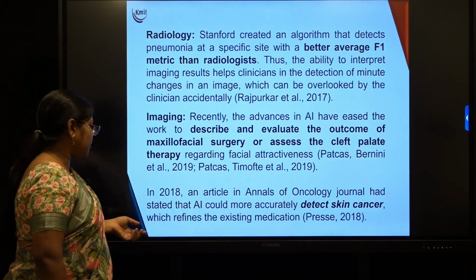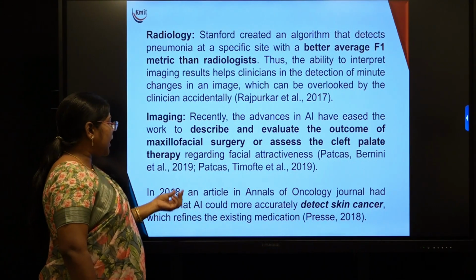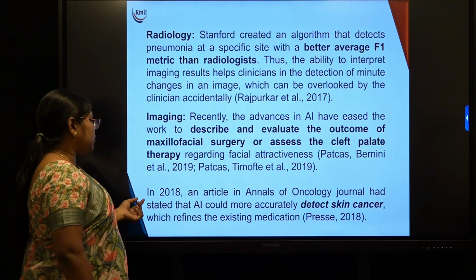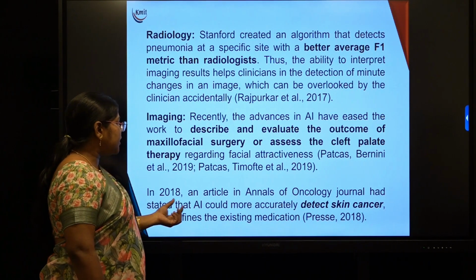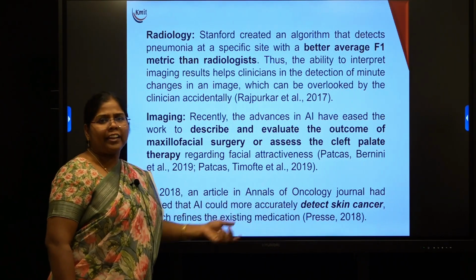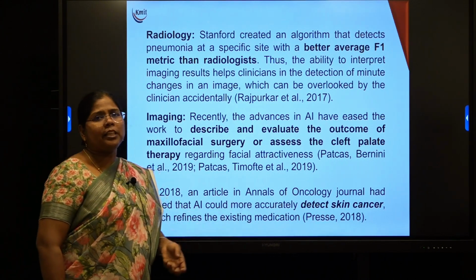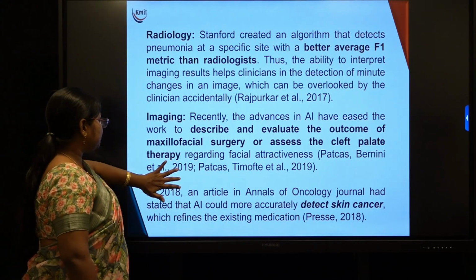Here also, by evaluating and describing the filters and convolving them, they can increase the facial attractiveness. In 2018, an article in the Annals of Oncology journal stated that AI could more accurately detect skin diseases, which refines the existing medication.